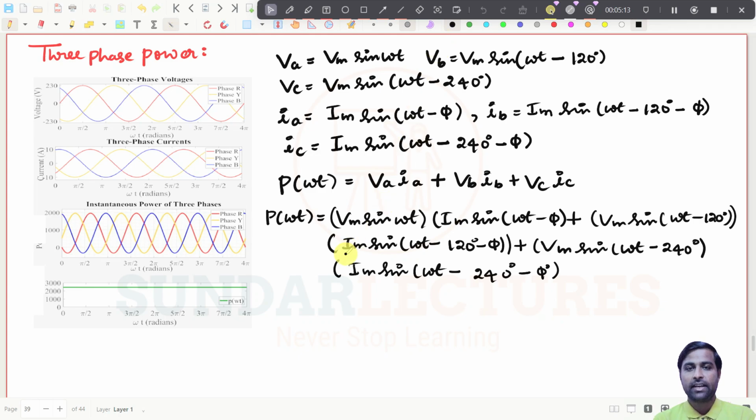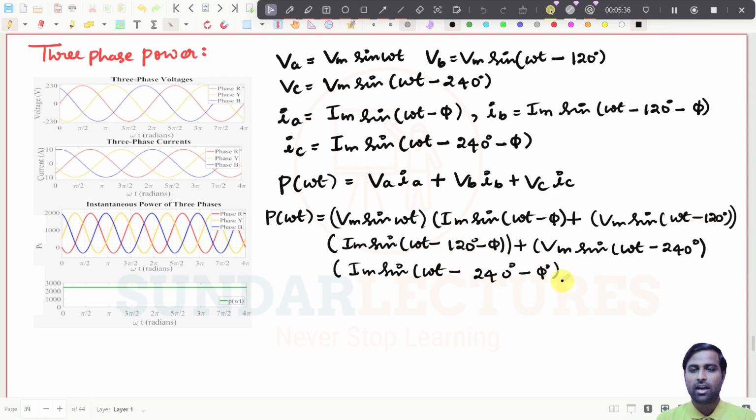See here in this equation, you see both these terms have Vm, Im, so just take it outside. What you will get is sine omega t, sine of omega t minus phi. And in the next terms, again Vm, Im outside, sine of omega t minus 120 degree, sine of omega t minus 120 minus phi.